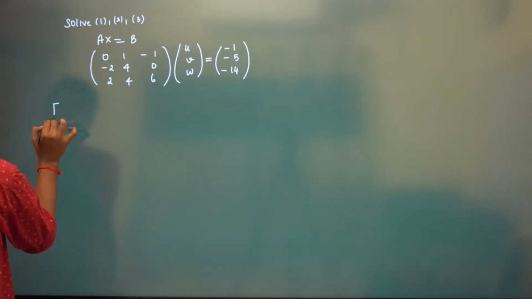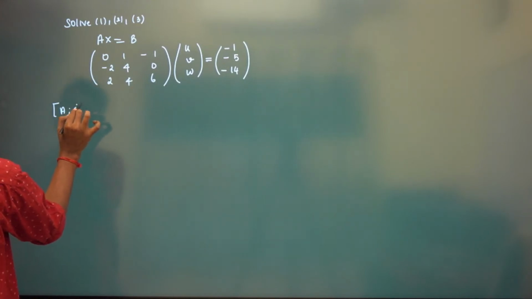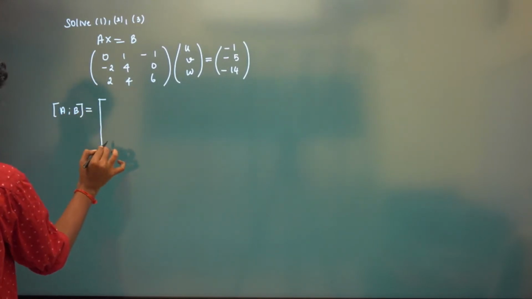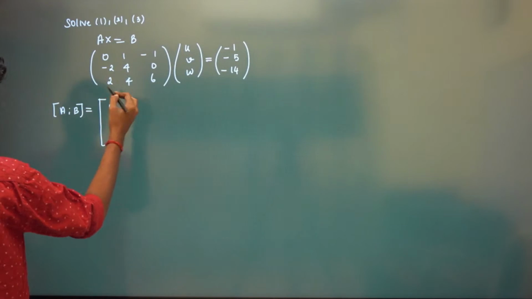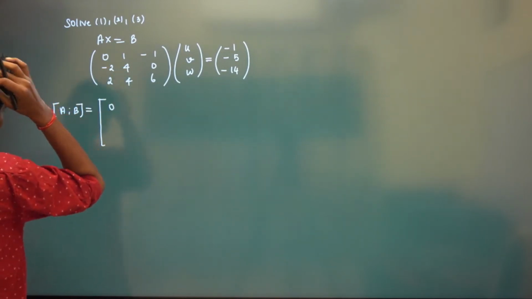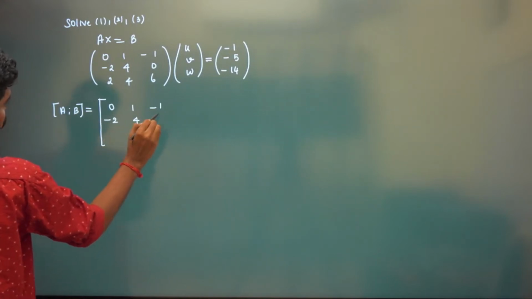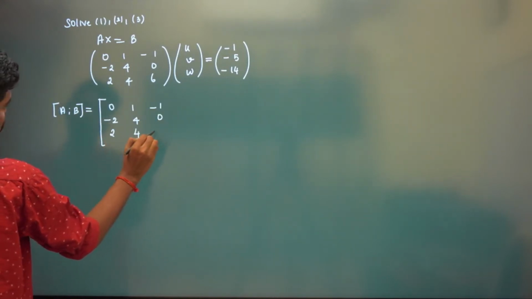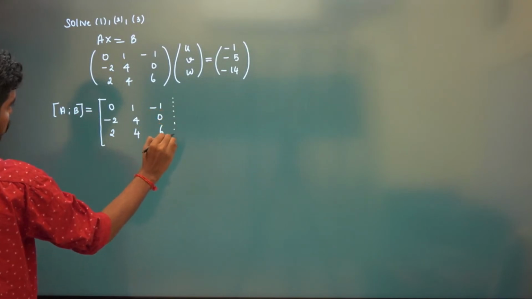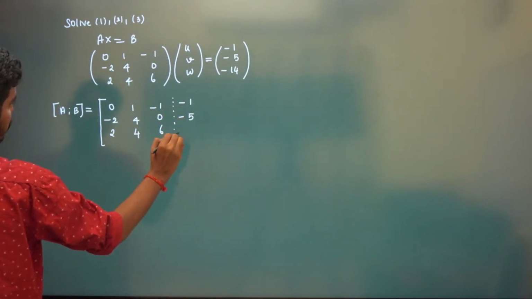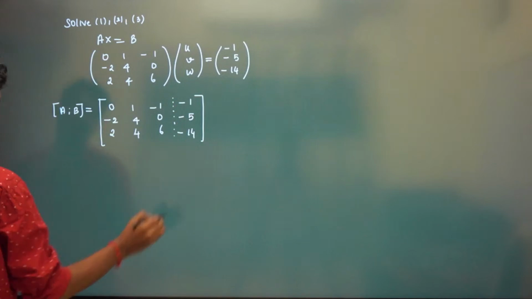For the Gaussian elimination method, you need to find the augmented matrix [A|b]. First write 0, 1, -1, -1; -2, 4, 0, -5; 2, 4, 6, -14.